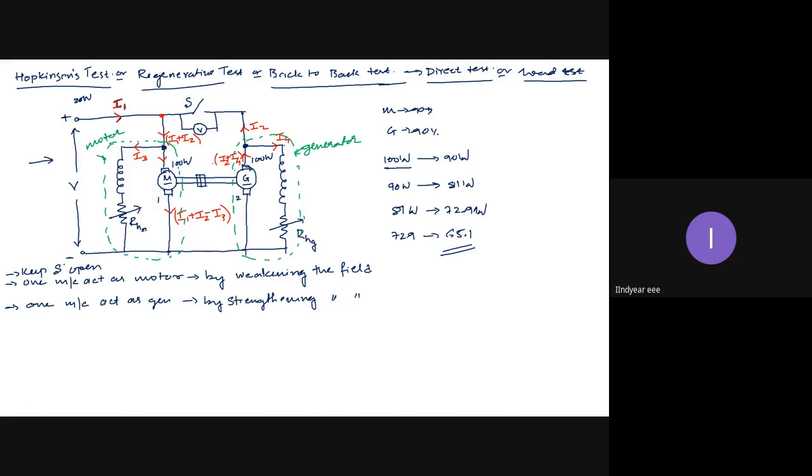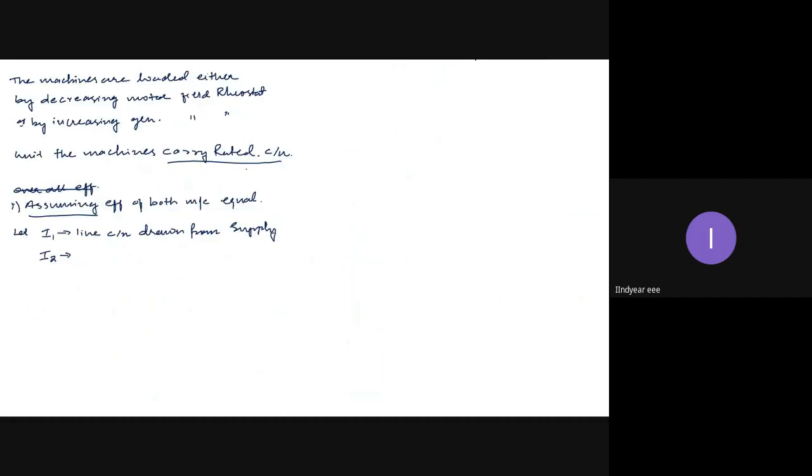I1 is the line current drawn from the supply, whereas I2 is the line current of the generator. From the circuit diagram, I2 is the line current of the generator.